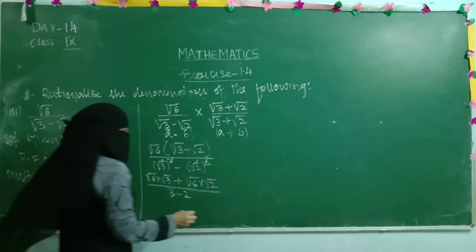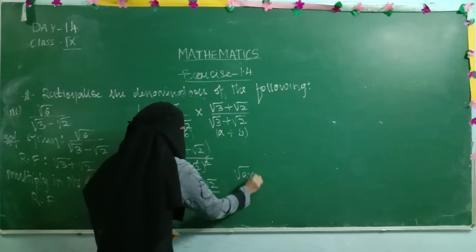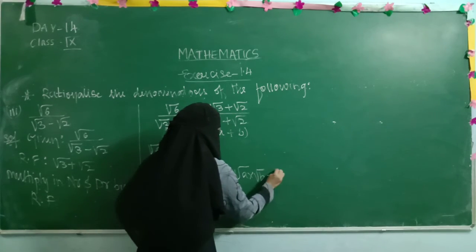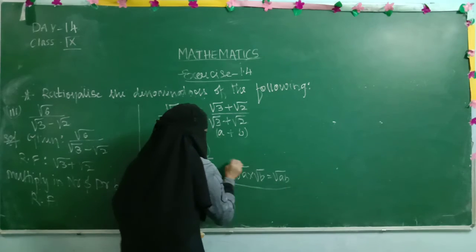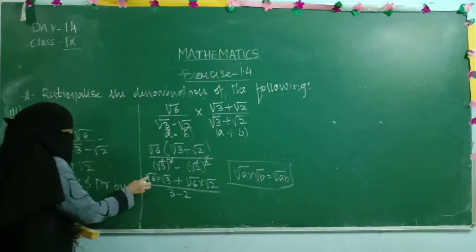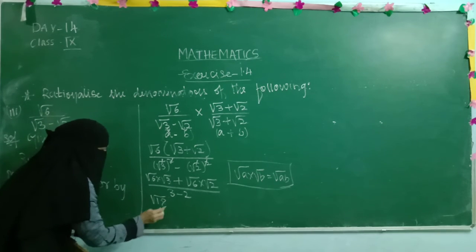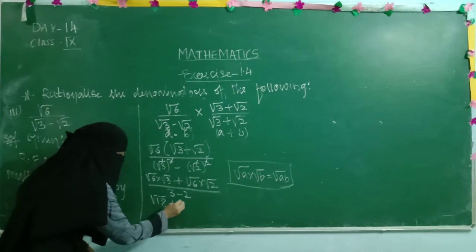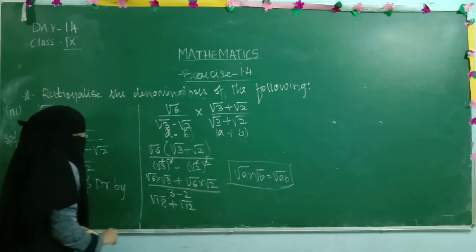Now here we are having one law of square roots: root a into root b is nothing but root ab. So this property we are using here. Root 6 into root 3 is root of 18, plus root 6 into root 2 is root 12, and 3 minus 2 is nothing but 1.